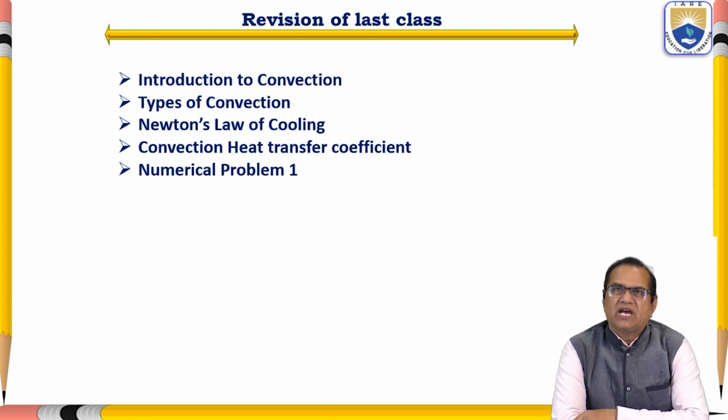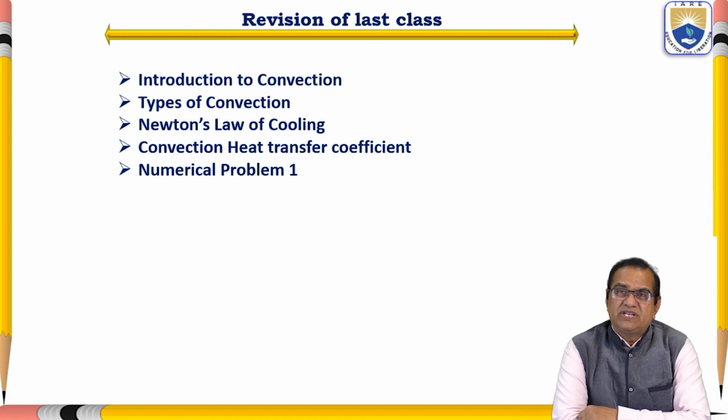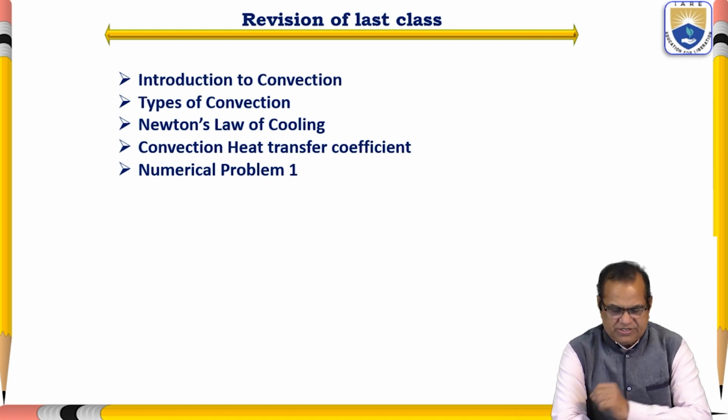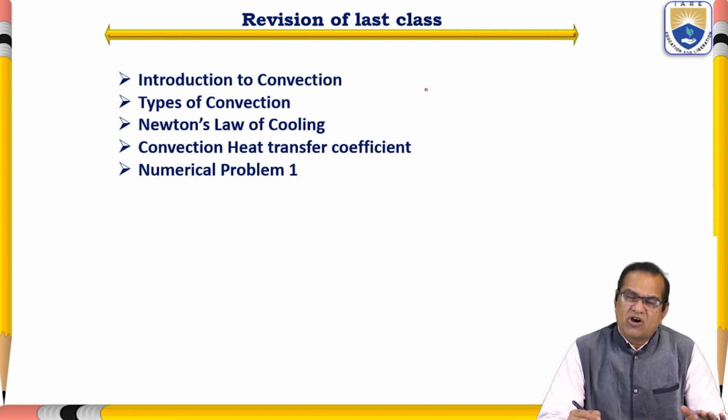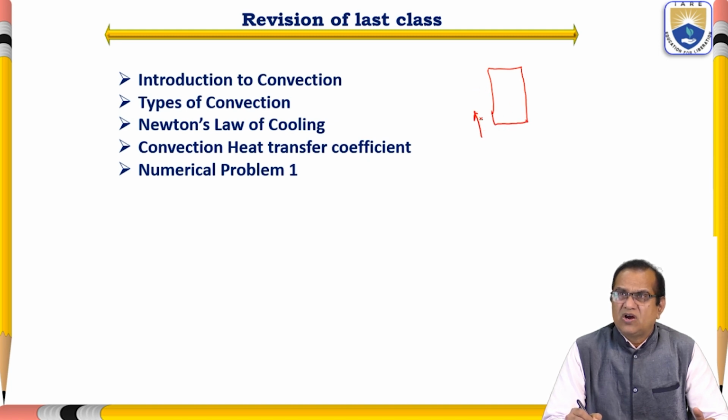Before this lecture, I have completed the introduction to convection, types of convection, Newton's law of cooling, convection heat transfer coefficient and a numerical problem on this. So convection is mostly between solid and liquid, or liquid to solid. If you see here, this is a solid slab, and here the hot water is flowing.